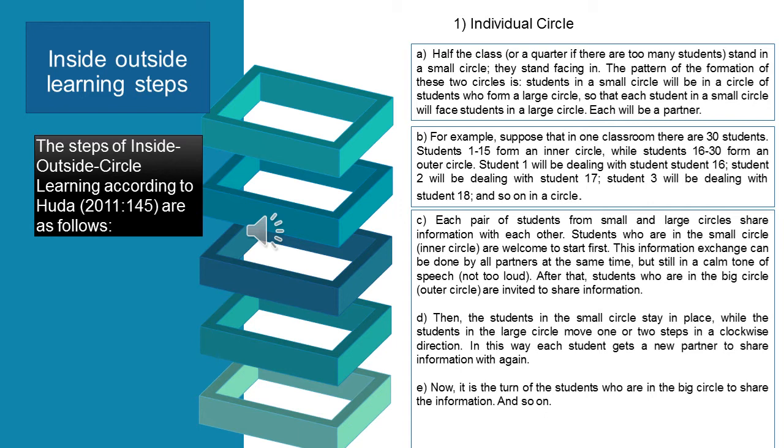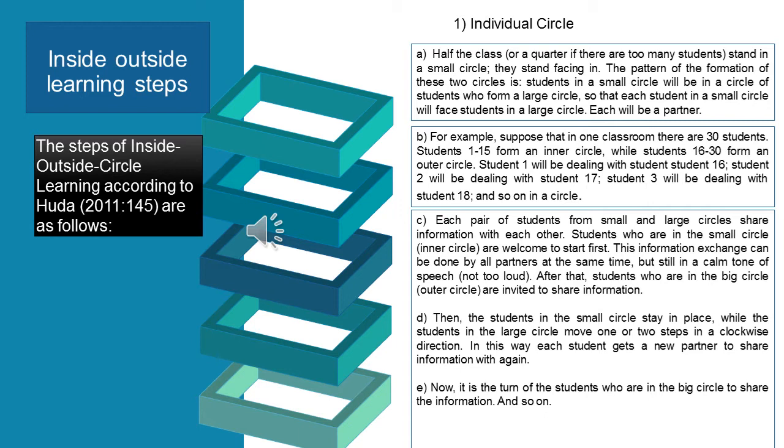For example, suppose that in one classroom there are 30 students. Students 1 until 15 form an inner circle, while students 16 until 30 form an outside circle. Student 1 will be dealing with student 16.